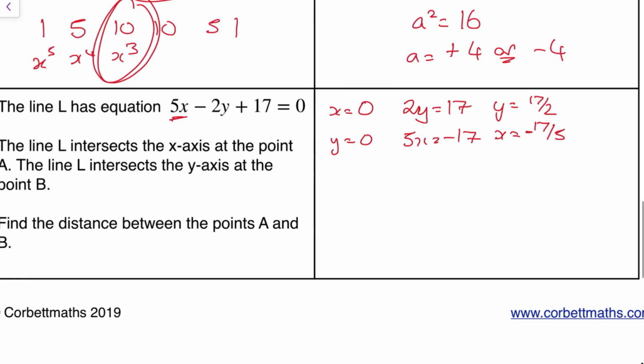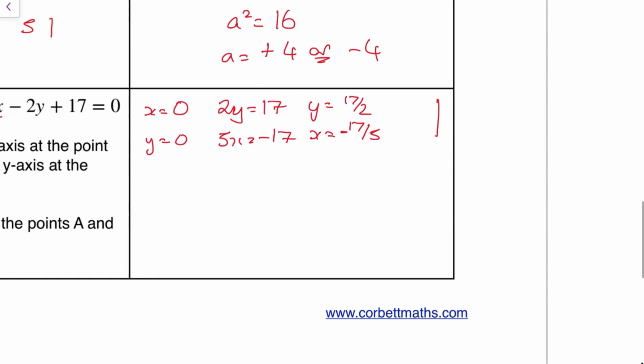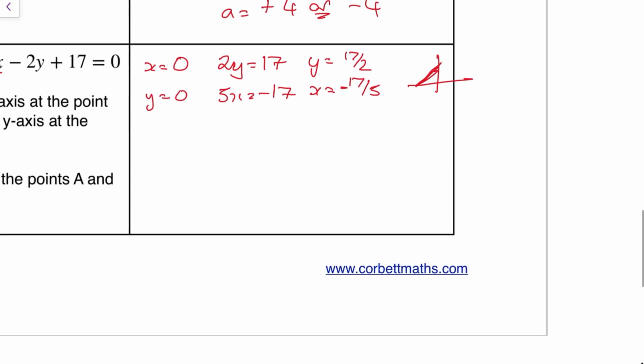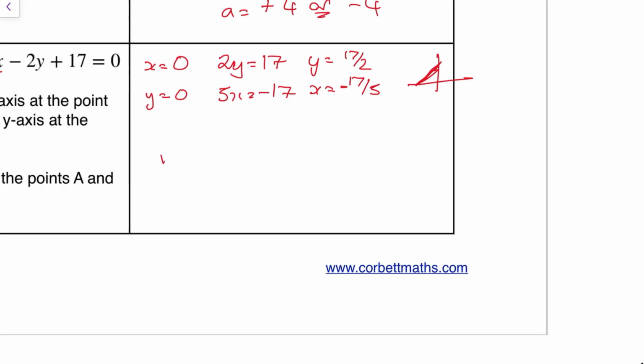Right, now I don't really need a diagram, but I've got a line that looks something like this, and I want the length of that line. Okay, Pythagoras. This is going to be a calculator thing. So it's going to be 17 over 2 squared plus 17 over 5 squared, the minus goes away, all square rooted. You could simplify this if it was a non-calculator, but it's not. So I'm just banging the whole thing in my calculator.